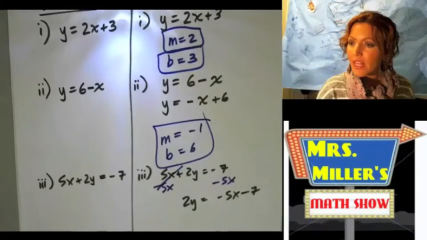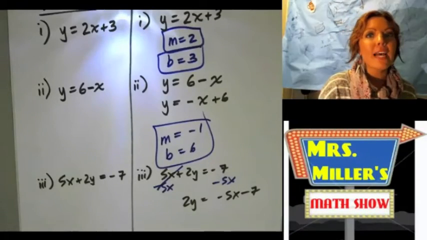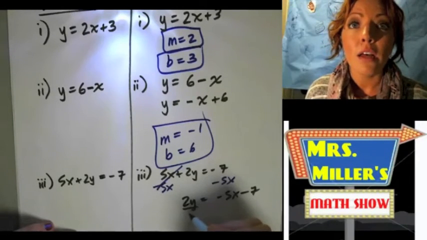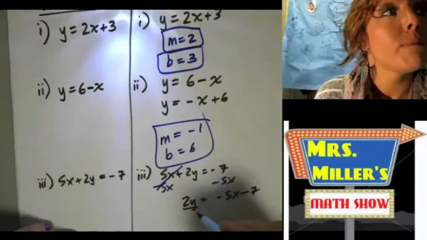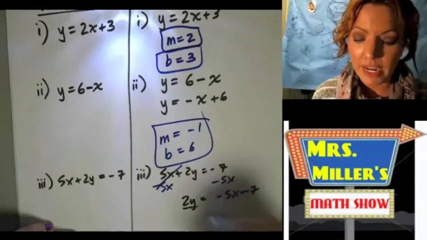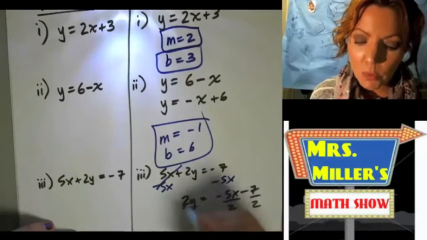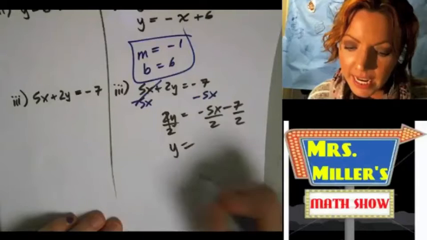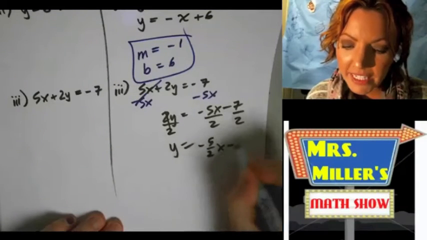Okay, so next, if we want to get y by itself, Rebecca, divide by what? You're right. Perfect. Divide everything by 2. So we get y equals -5 halves x minus 7 halves.